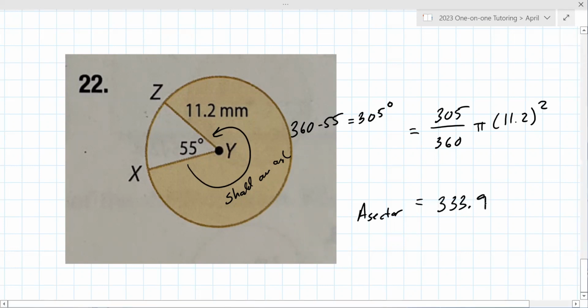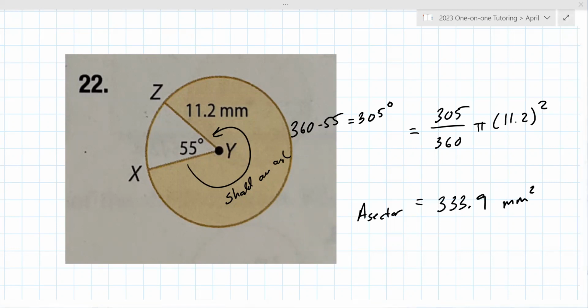333.9 square millimeters. Good. All right, so go ahead and try 23. It's the same as 22. Your book's really good about giving you one like it right after.